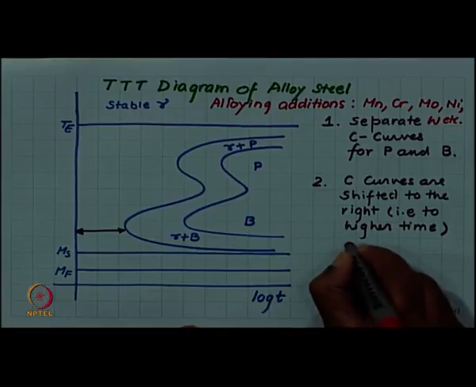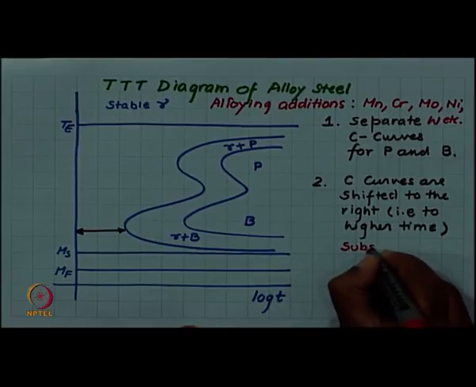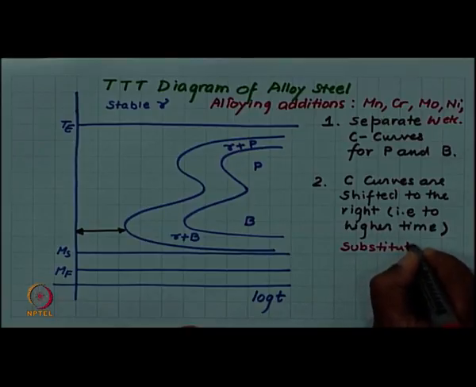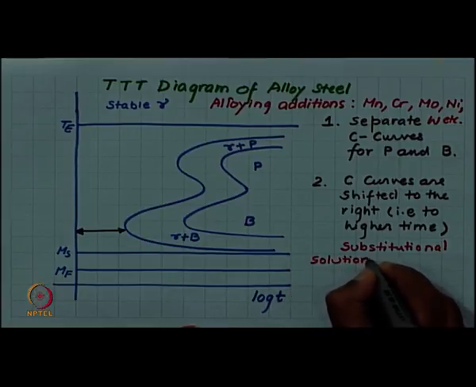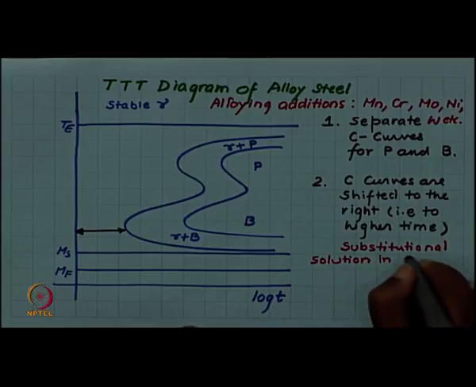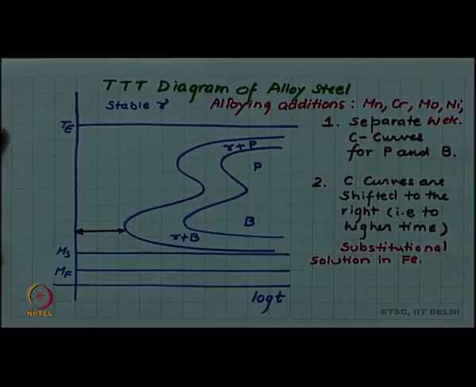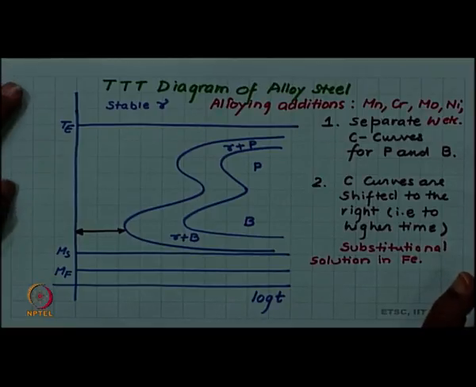Substitutional, and you have seen that carbon is an interstitial solute, and you have also seen in the diffusion chapter that substitutional solutes diffuse much slower than interstitial solutes.